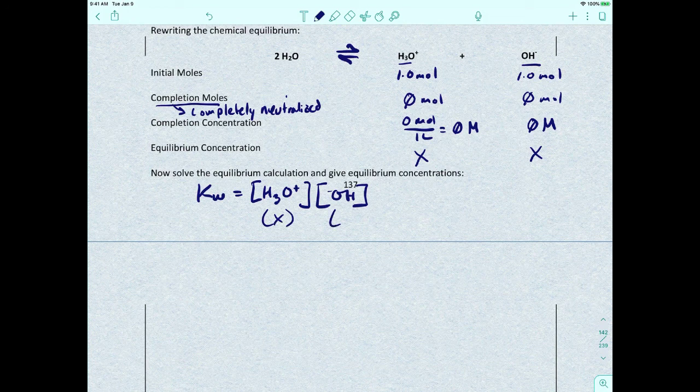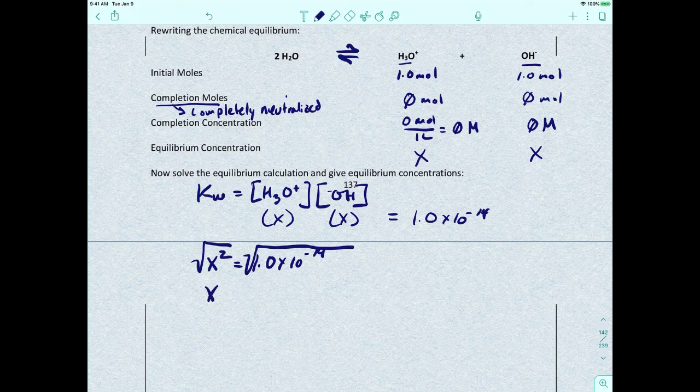Concentration of OH minus is also going to be X, and this is equal to 1.0 times 10 to the minus 14th. Okay, so we have X squared. X times X gives us X squared. That's equal to 1.0 times 10 to the minus 14th. And so if we take the square root of both sides, we get that X is going to be equal to 1.0 times 10 to the minus 7th.